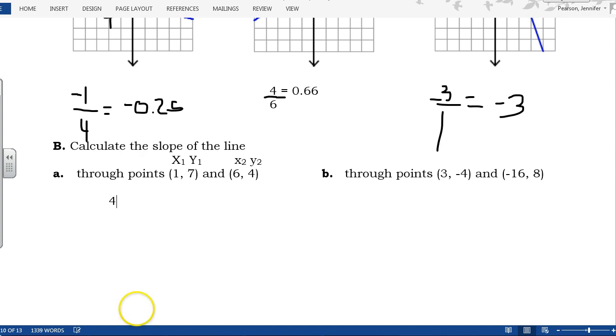I need y2 first, minus y1 second, and on the bottom I have x2 first, x1 next. And so I can over here say that that is -3, and this is 5, and -3 divided by 5 gives me my answer of -0.6.